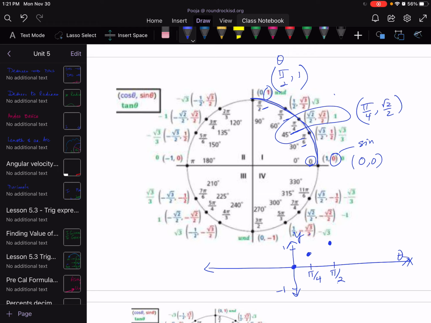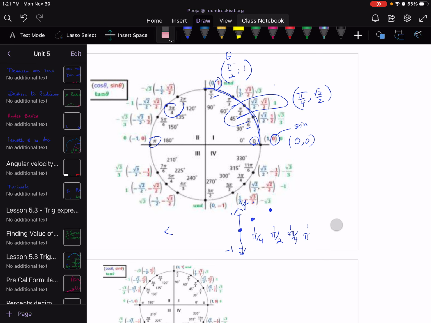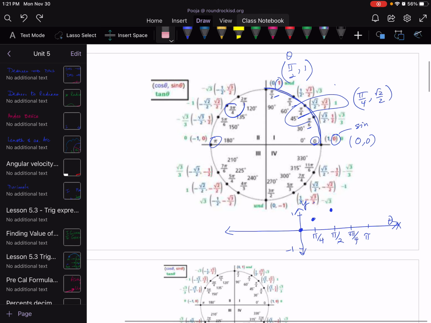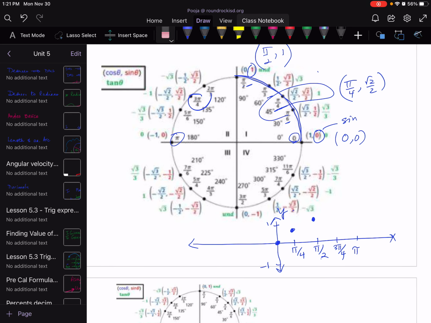If I continue doing this, my next is 3 pi over 4. Then the next one, let me pick pi. Oh, I didn't mean to do that. There we go. I just meant to erase the x and the theta. There, perfect. The next one, 3 pi over 4, I already got that.